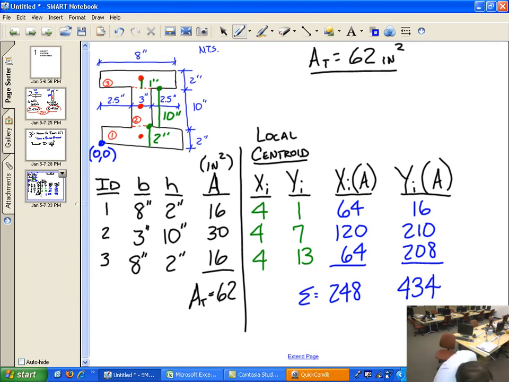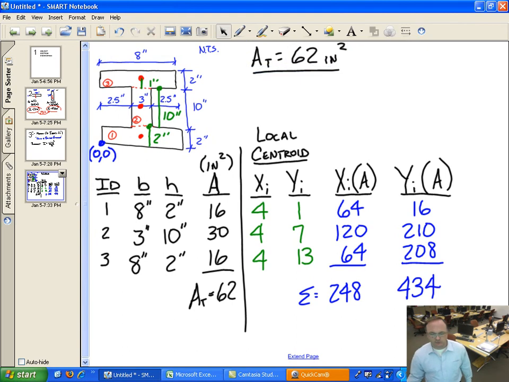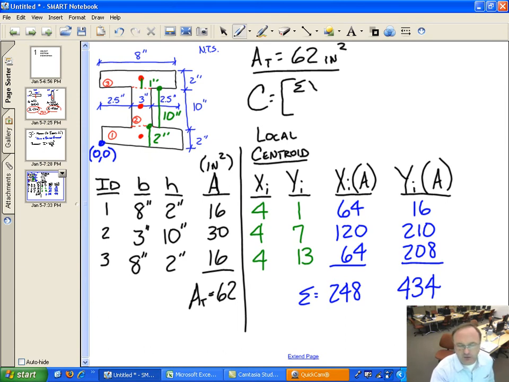Now we know that centroid, let's move this over a little. We know our global centroid, not our individual local, but the global of the overall body. Our global centroid is going to equal summation of XA divided by AT, comma, summation of YA divided by AT.